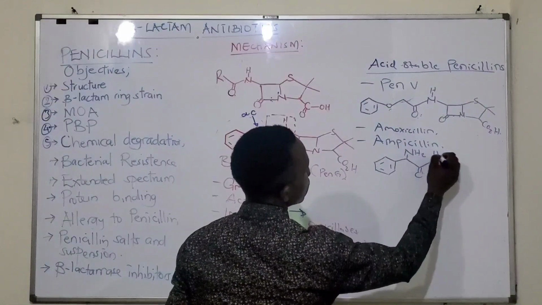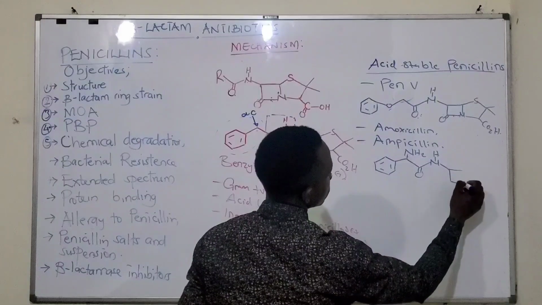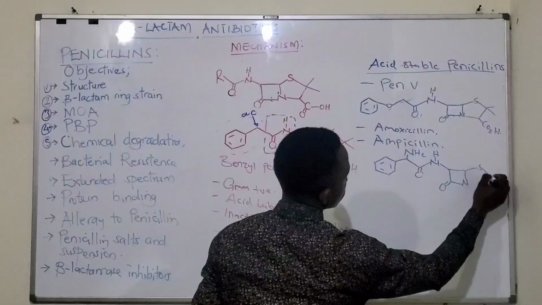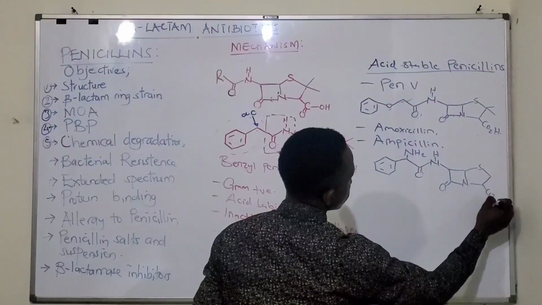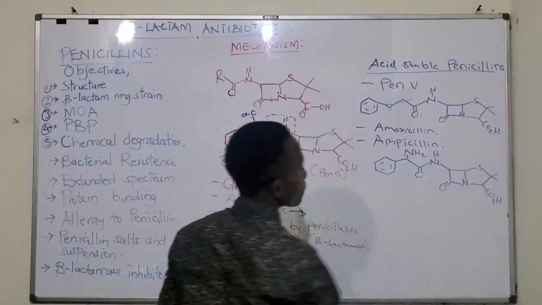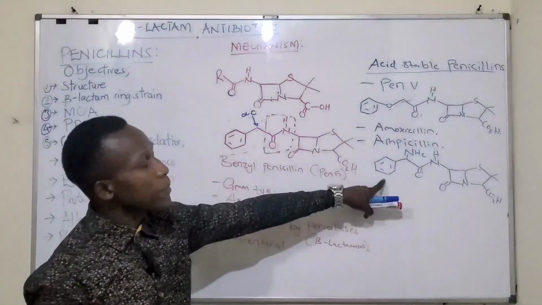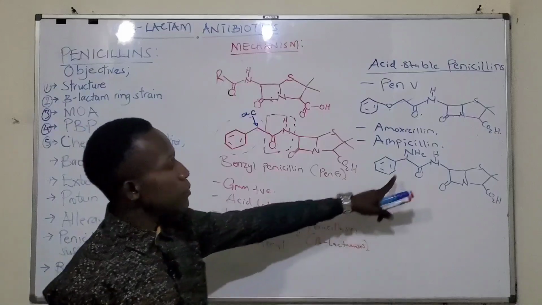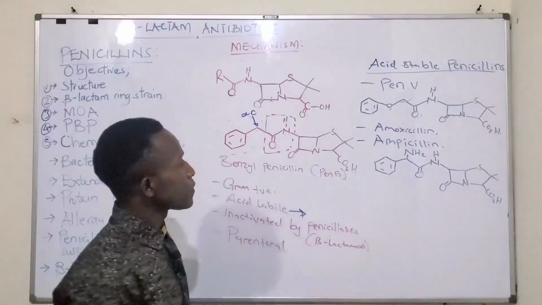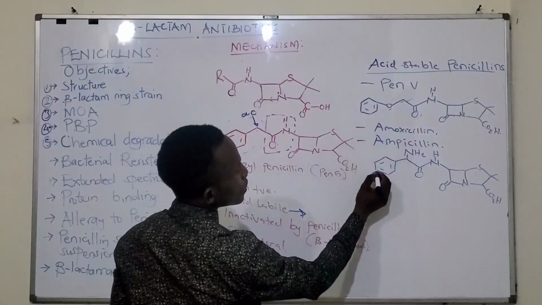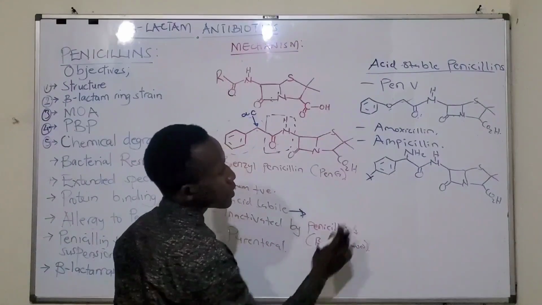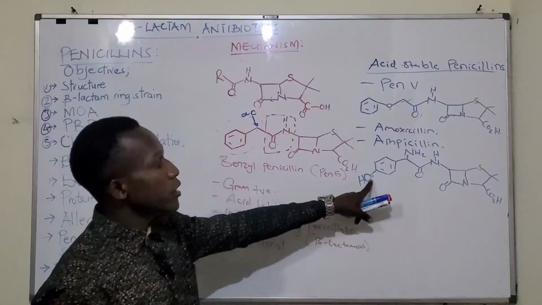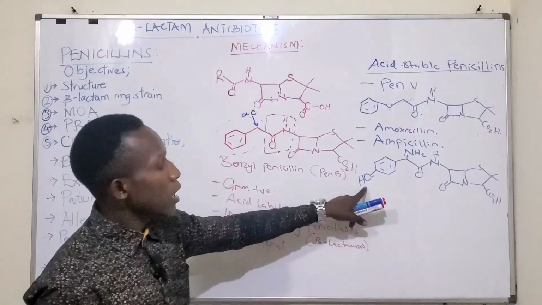Here there is a nitrogen with H. So this is the structure of ampicillin. This amino group makes this penicillin stable in acid. So amoxicillin is just here. Amoxicillin should have OH instead of hydrogen. In amoxicillin it is a hydroxyl group.